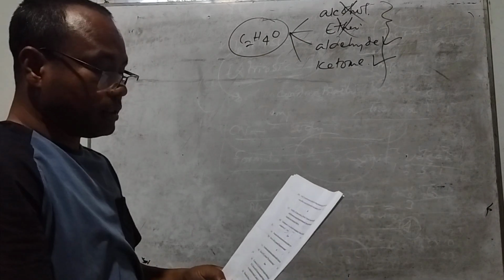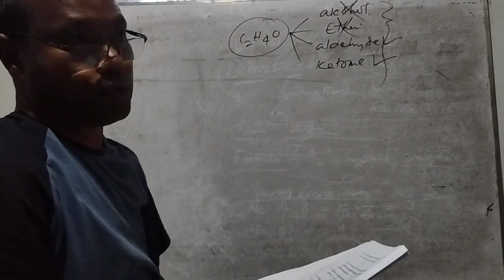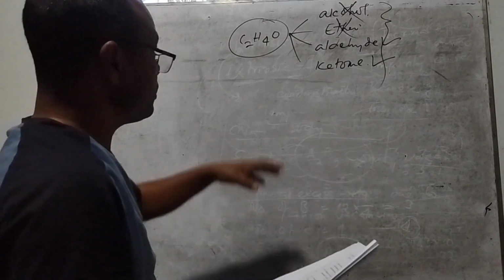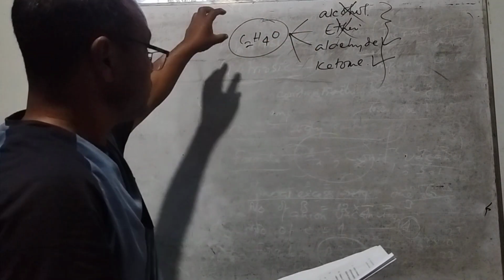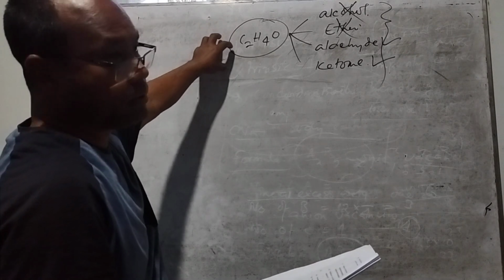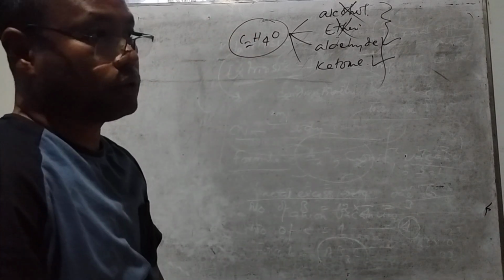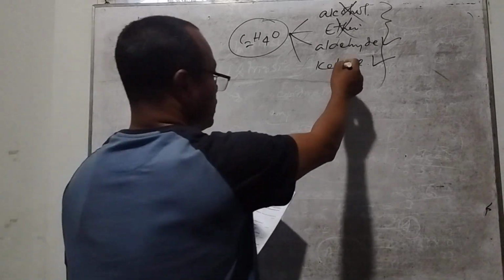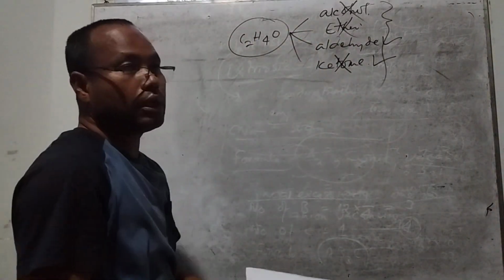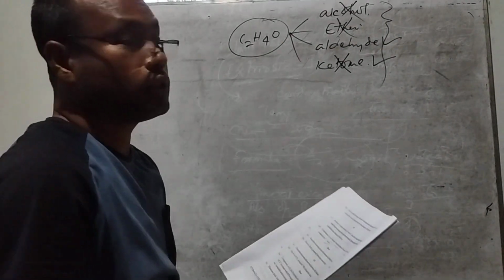In this compound, how many carbons are there? 2 carbons. Suppose this compound is either an aldehyde or a ketone. Since it contains only 2 carbons, it cannot be a ketone, because a ketone always consists of at least 3 carbons.